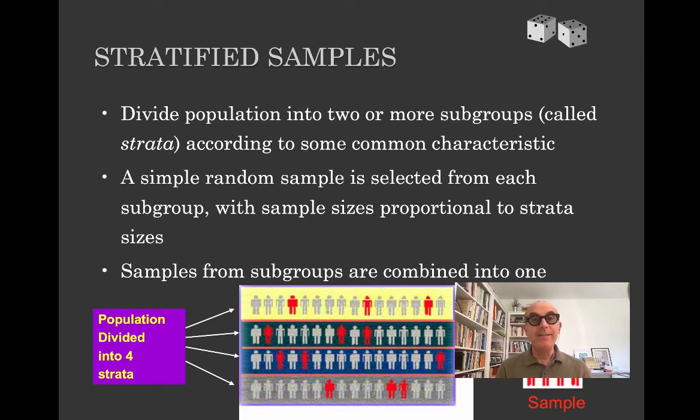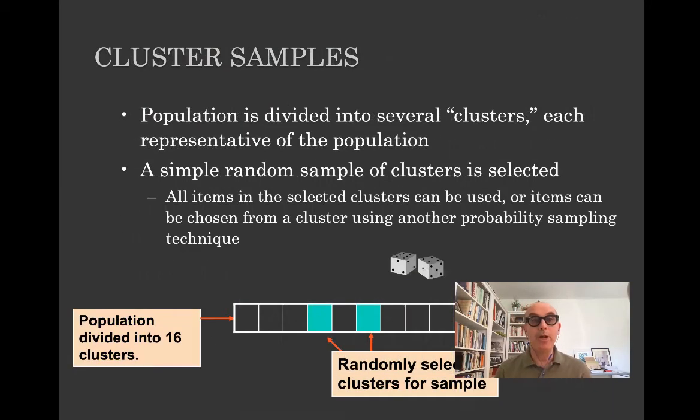In stratified sample, we divide the population into two or more subgroups, and a simple random sample is selected from each subgroup with a sample size proportional to the subgroup. For example, in the presidential election, they divided the groups not only into four subcategories, they probably divided it a little bit more in order for them to have a sample that will represent the entire population.